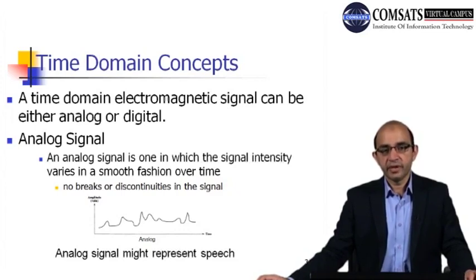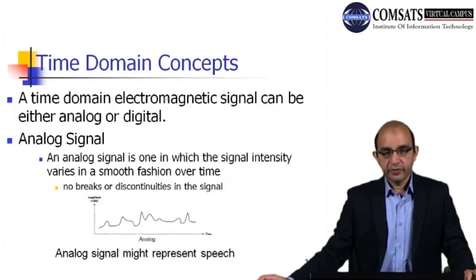Even within this room, we have different temperatures at different points. And pressure is also a varying, or analog, quantity. So it means an analog signal is a sort of varying signal, varying all the time.